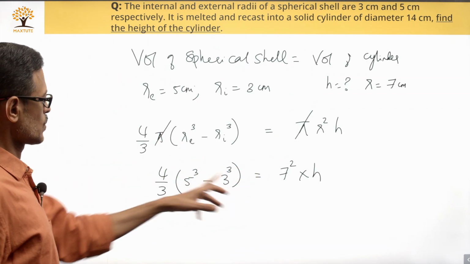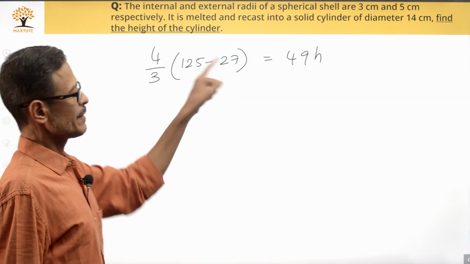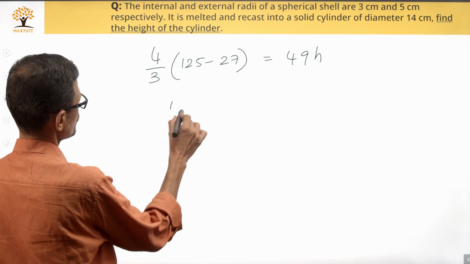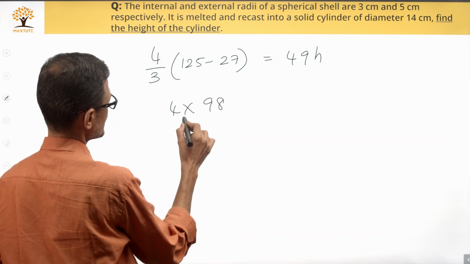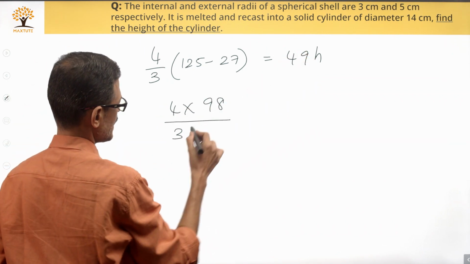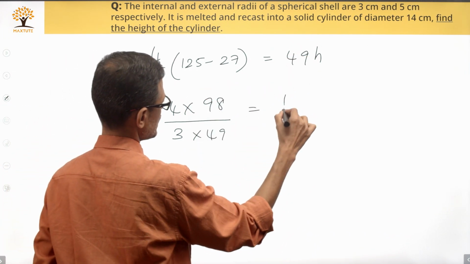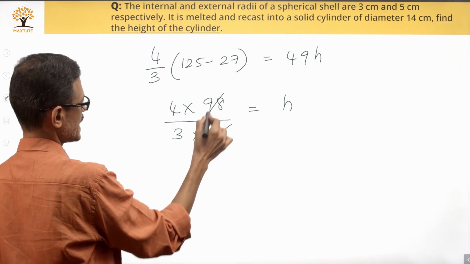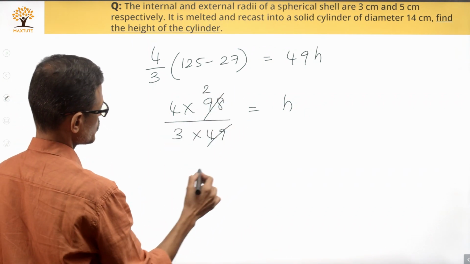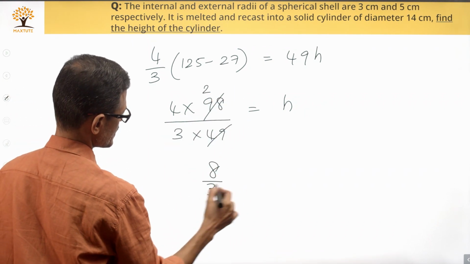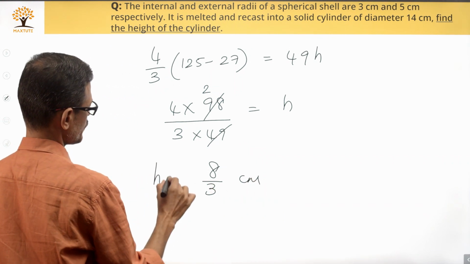Quickly check, yes, that's what we have. 125 minus 27 is 98, so 4 into 98 divided by 3 times 49, with the 49 in the denominator. This is the value of the height. 49 cancels with 98 to leave us with 2. 4 times 2 is equal to 8. 8/3 centimeters is the height of the cylinder.